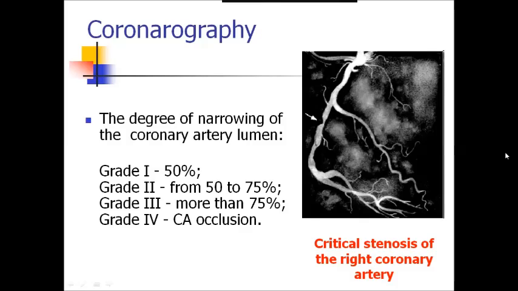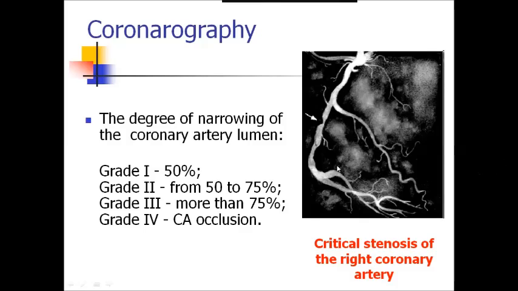Usually we say that grade 1 is up to 40% of narrowing, grade 2 from 50 to 75%, grade 3 more than 75%, and grade 4 complete coronary artery occlusion.